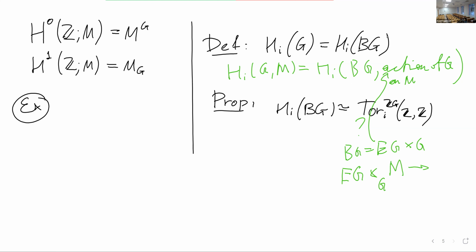So we have this thing, which can be viewed as a local system on BG. And this is the local system we need to put here in order for this to work for an arbitrary module.